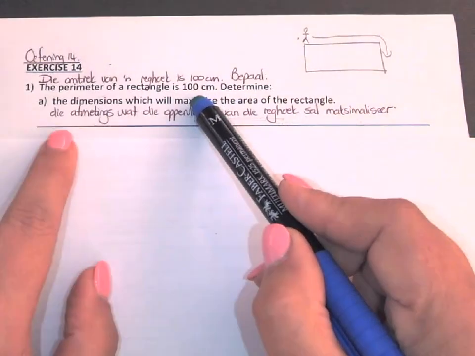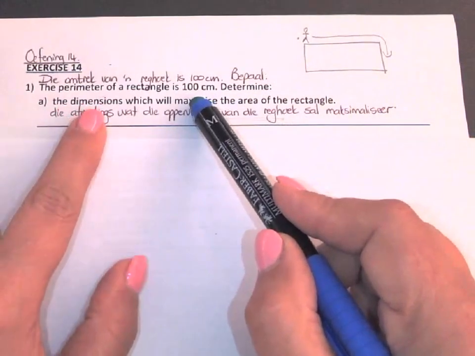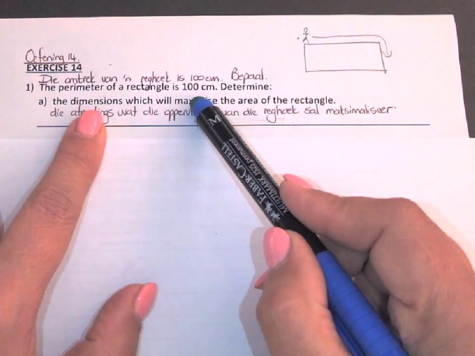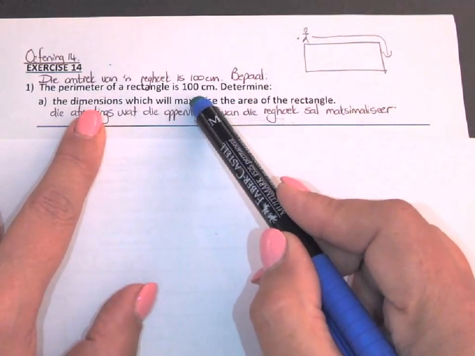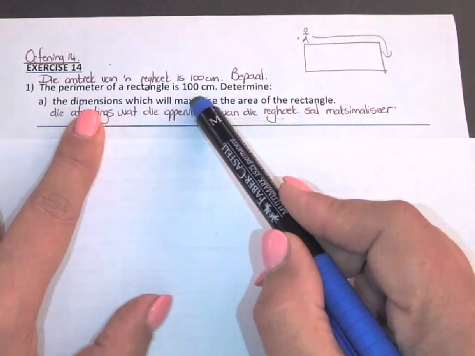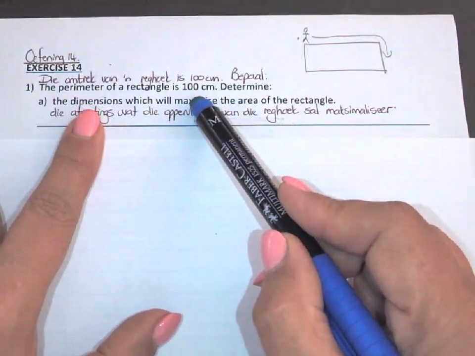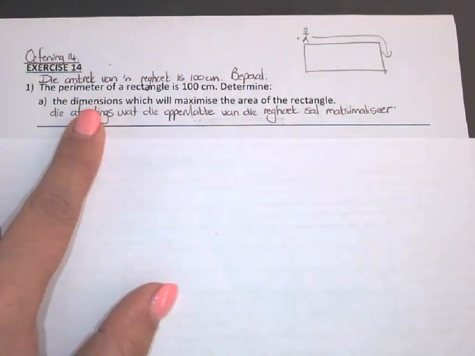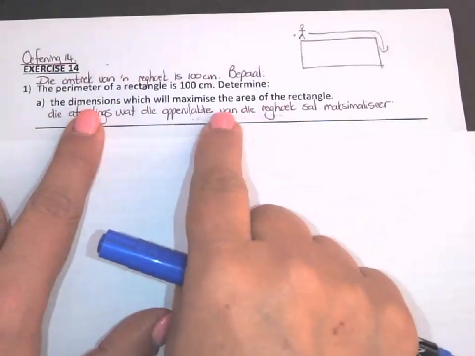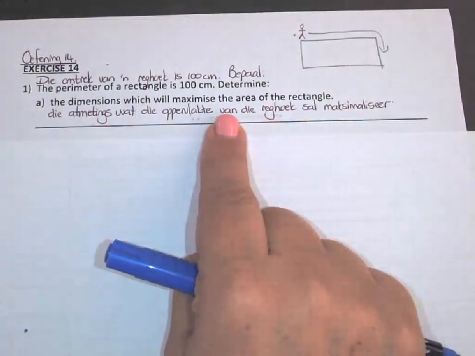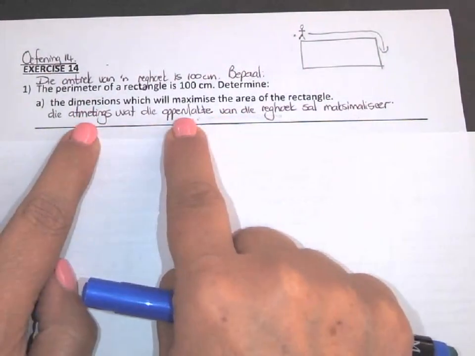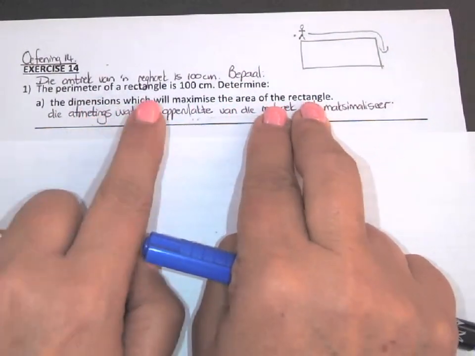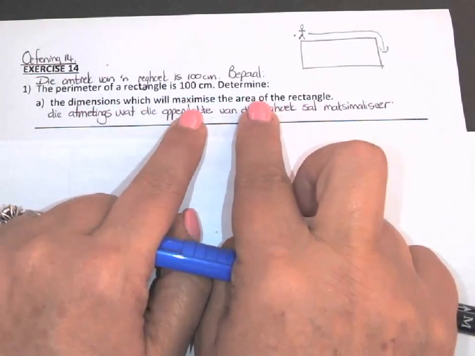Now they ask, give the dimensions. What is dimensions? Of what? Of the rectangle. So you must give what? The sizes of the sides. Yes, the sizes of the sides. So you must get the length and the width or breadth. Okay. So they want the length and width of the rectangle, but which will maximize the area.